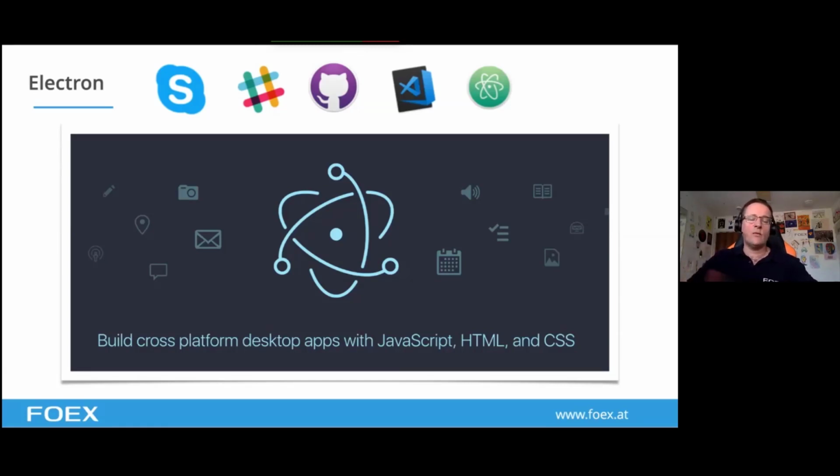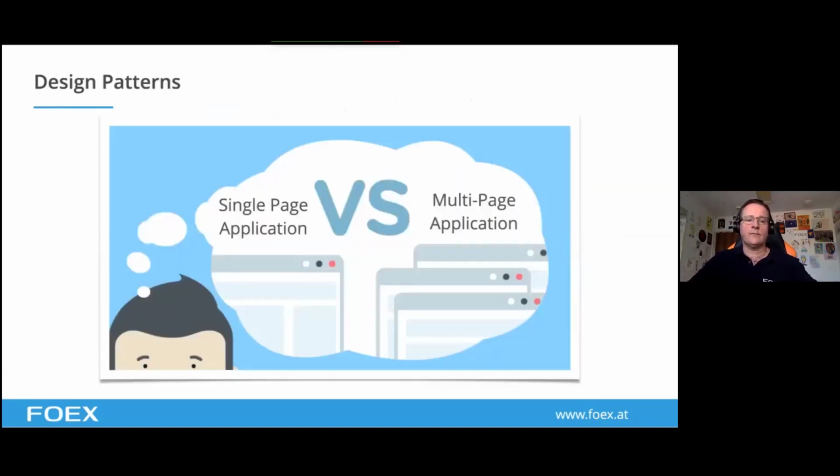For the desktop, we've got Electron, which does the same. So Visual Studio Code is actually a web application running on your desktop, and most developers use it. It's just to say that with JavaScript, HTML, and CSS you can actually eclipse the capabilities of desktop technologies. It's very mature now.